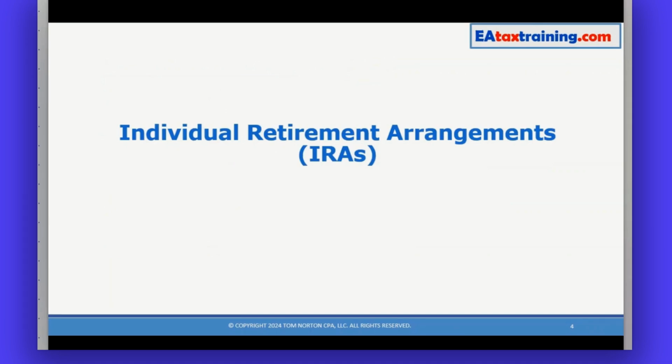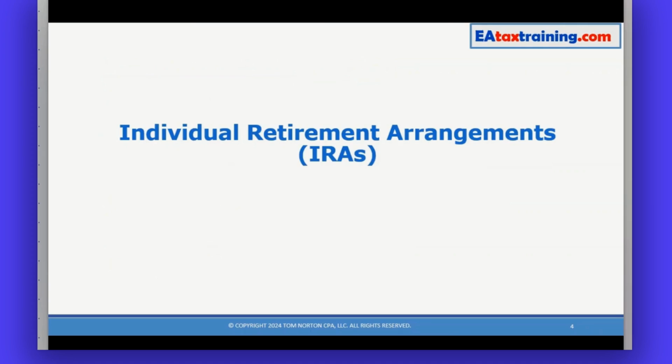An annuity is just a series of payments, usually equal payments, that are received over time, over a period of years. They might be received monthly or annually or quarterly, but they are received for several years. That's an annuity. So an individual retirement arrangement can either be an account or an annuity.